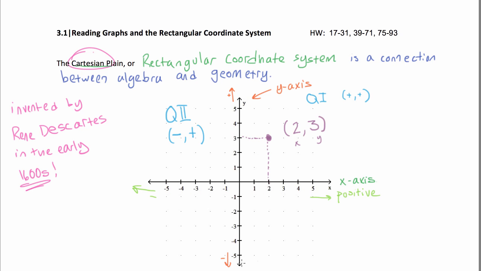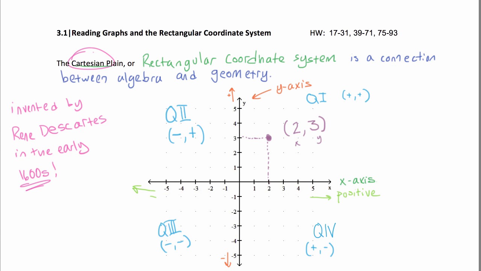Then down here I have quadrant 3, and you're not really going to have to memorize these quadrants, but it is something we'll refer to now and again. And then over here we have quadrant 4, where I have positive x values and negative y values.